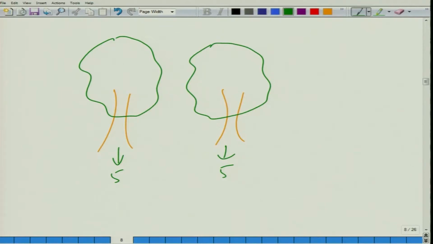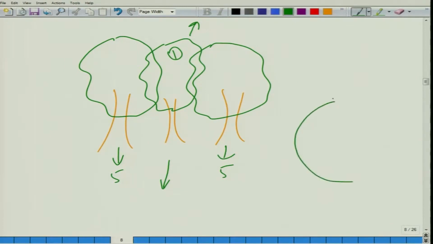Whereas, if you now included a few other trees in between, suppose your stand is very dense, so it grows like this, and similarly on this part and on this part also we have trees. What would happen if you look at the top view of this tree? It would look something like this.